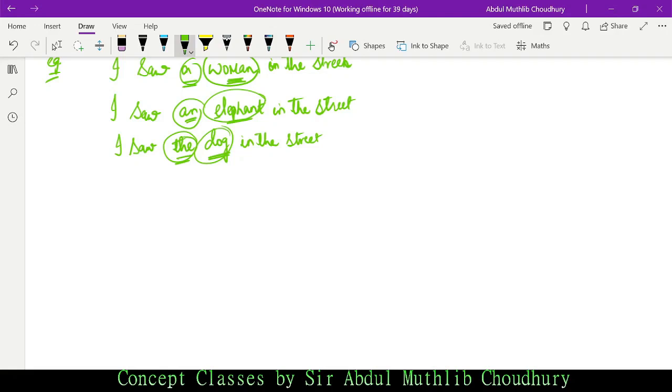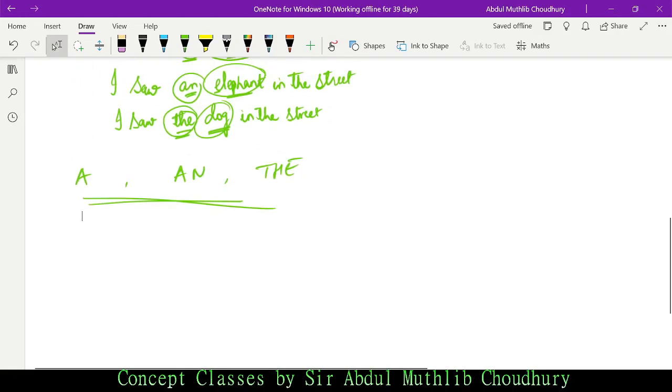Now let us learn. We shall mostly dwell upon a, an, the. So let us continue. As we know, the article an is used before a vowel sound. So let us learn this first.